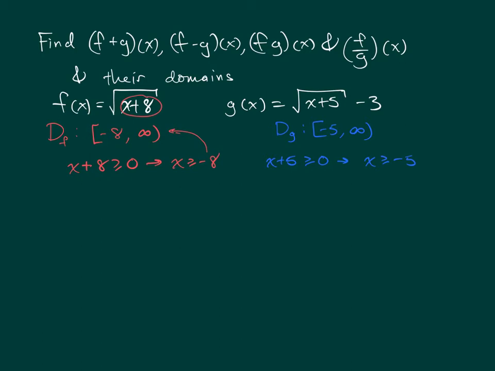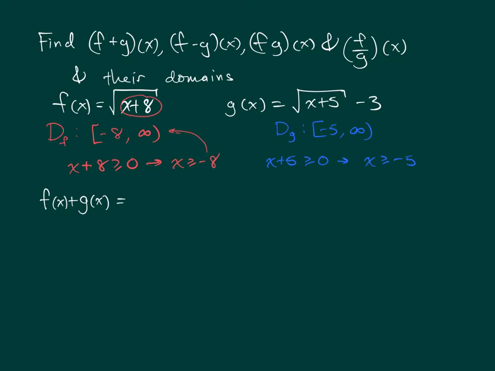So f plus g of x, I'm going to represent like this, f of x plus g of x. Remember, seeing these two functions added together is really adding the two functions together.